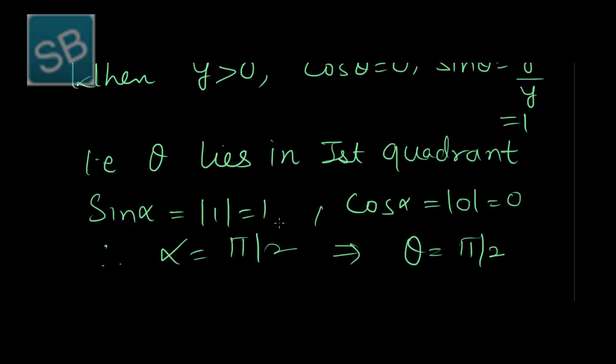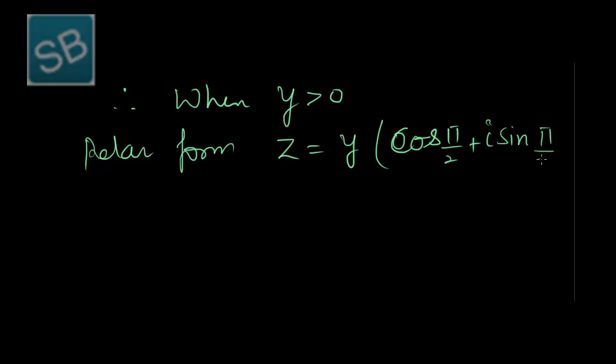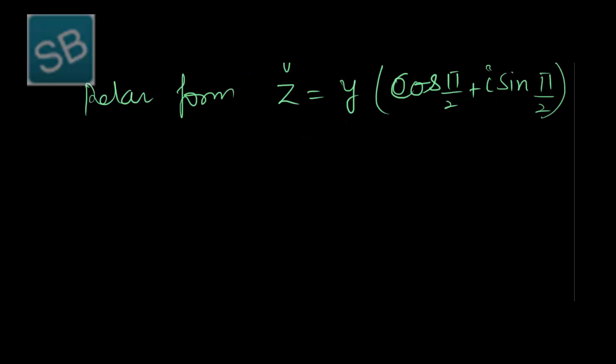So theta is equal to pi by 2. Therefore, when y is greater than 0, polar form z is equal to y into cos pi by 2 plus iota sin pi by 2. That is the polar form when y is greater than 0.